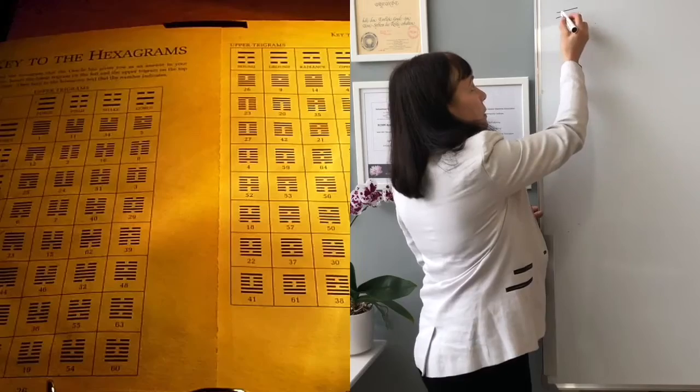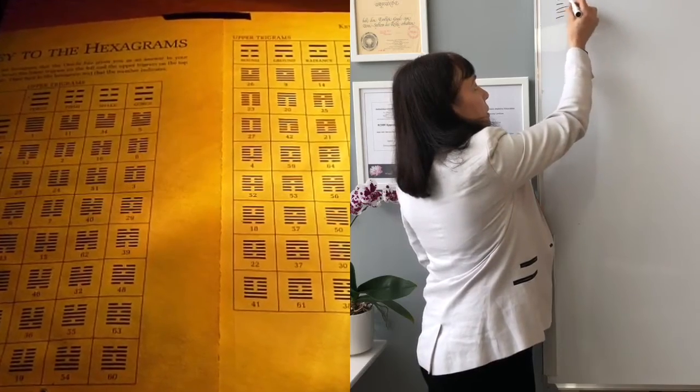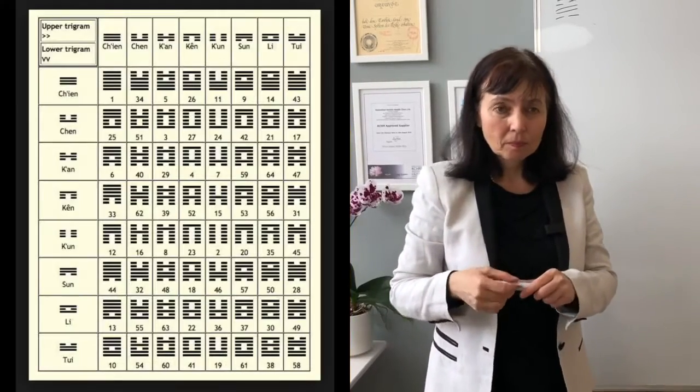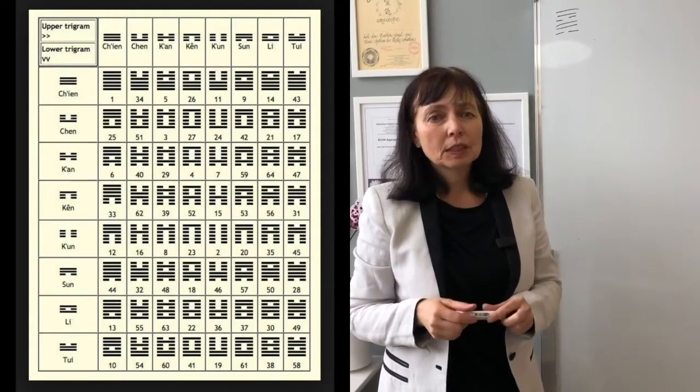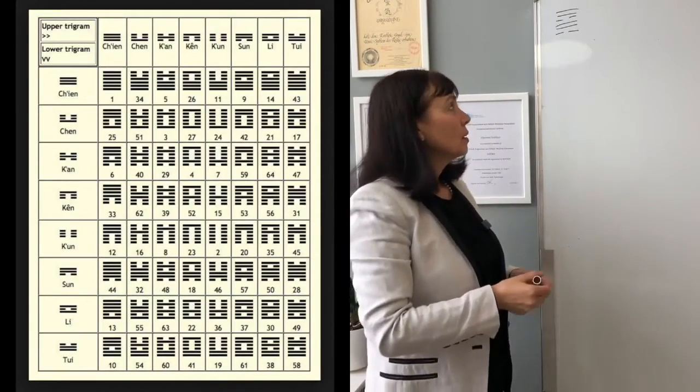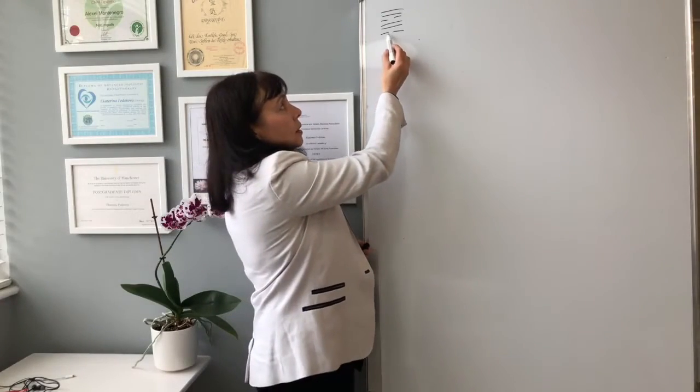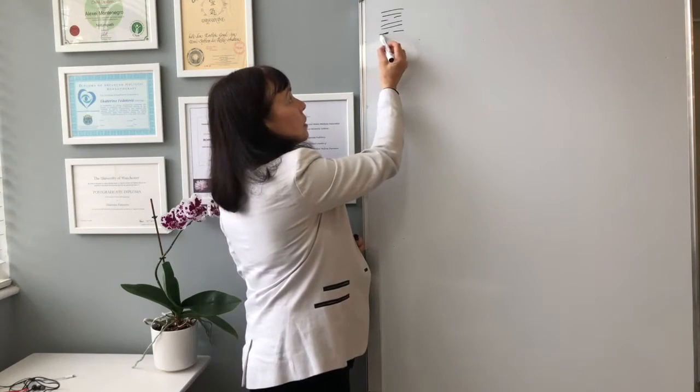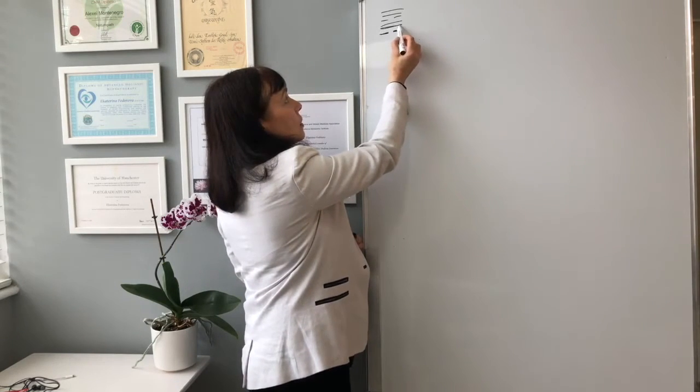Like lines, 64 of them with different interpretations. The yin line consists of 2 little bars, and the yang line, or we call it yao, is long.